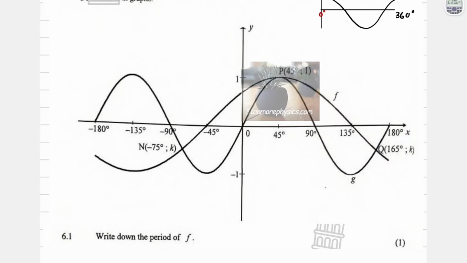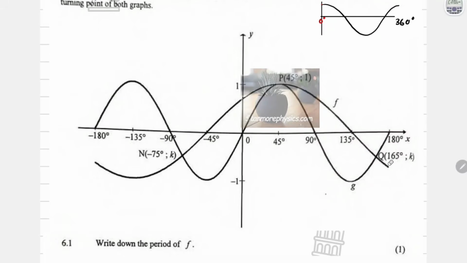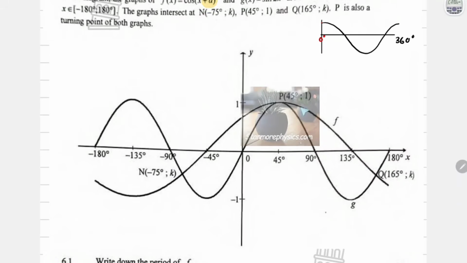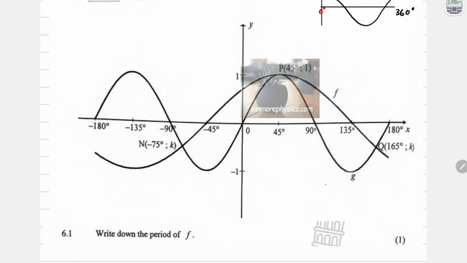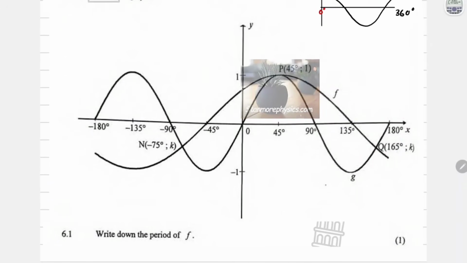You can either look at the sine graph or the cos graph. Honestly, in this case, because this is such a weird angle, they gave 165 degrees. Because I know the cos graph moved 45 degrees to the right, I would rather use the cos graph because 165 degrees has a 45 degrees in there. So it's easier to work with.